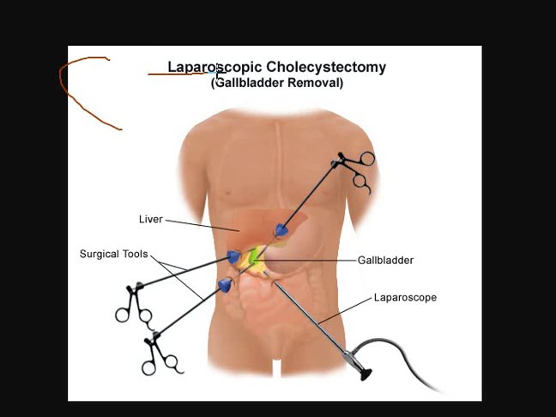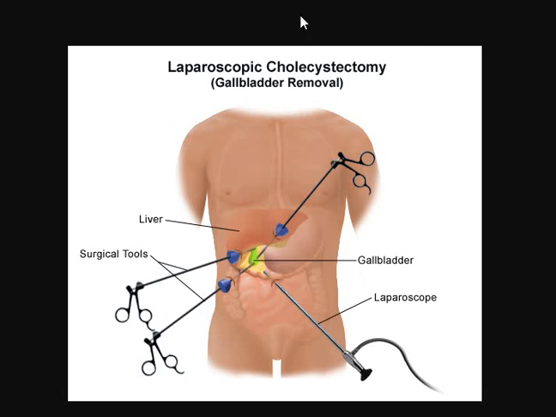In the cases of mild and moderate cholecystitis, let's start with the mild cholecystitis. Early laparoscopic cholecystectomy is indicated. So as soon as we can do the laparoscopic cholecystectomy, we do it in mild cholecystitis. In moderate cholecystitis, it's controversial whether to do early or late laparoscopic cholecystectomy.